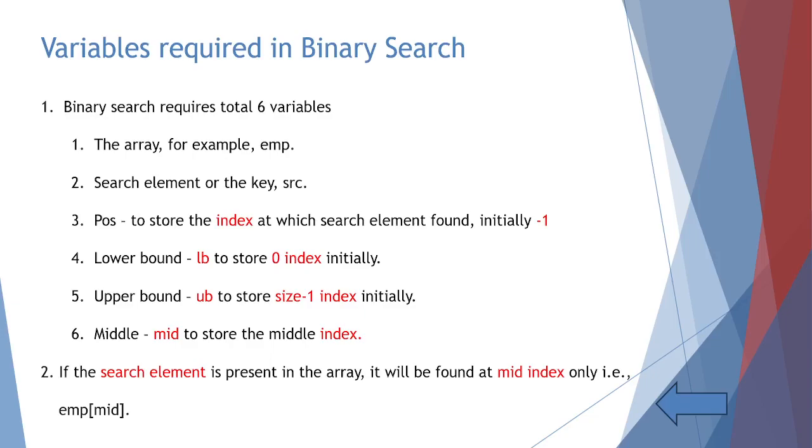And the entire algorithm depends on LB, UB, mid only. If the search element is present in the array, it is found at the mid index only, that means emp of mid, the mid element.